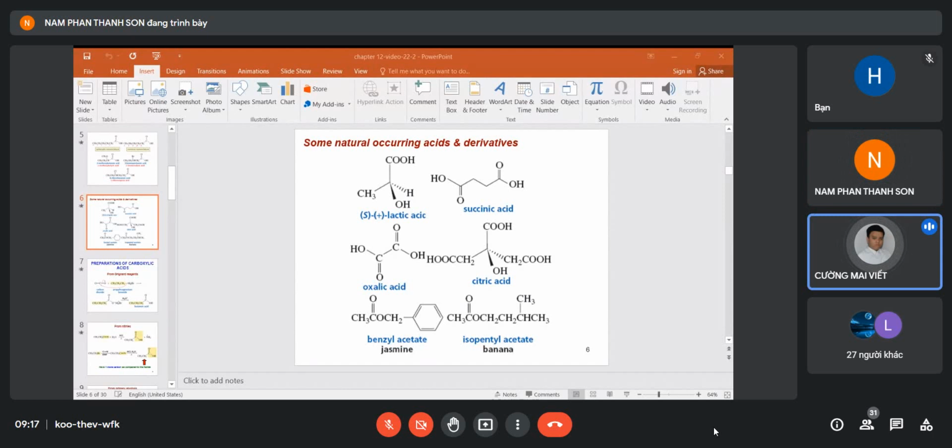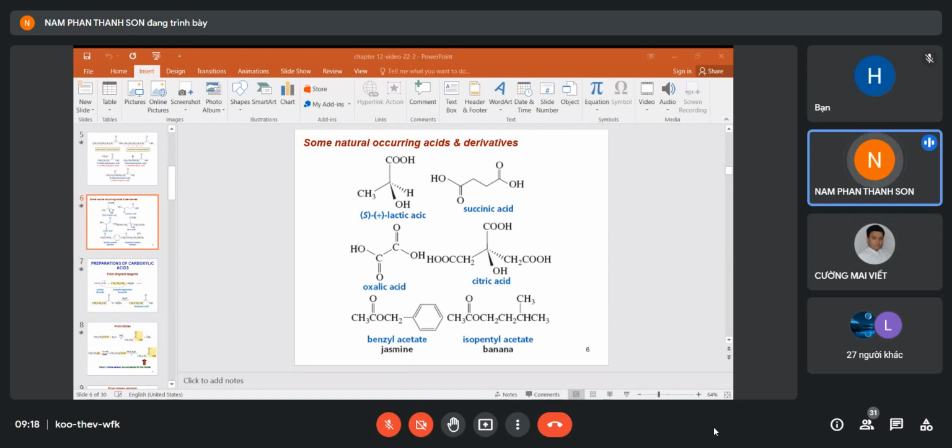What is it? The Grignard reagent. How to make carboxylic acid from Grignard reagent? We can use the reagent with carbon dioxide, CO2, good. And then hydrolysis. That is method number 3.